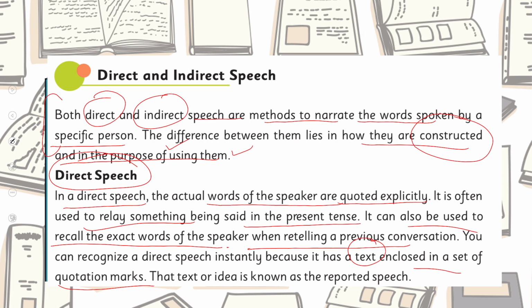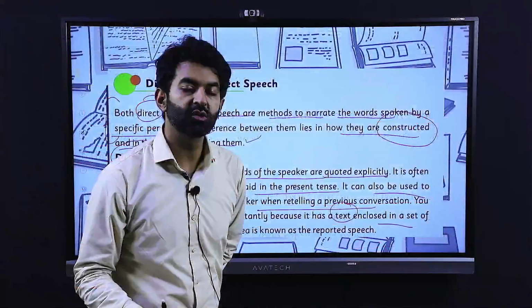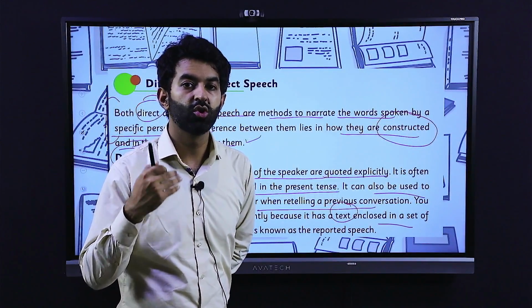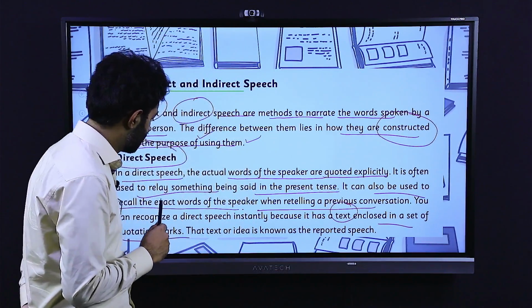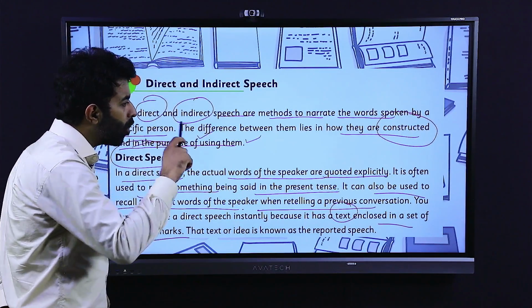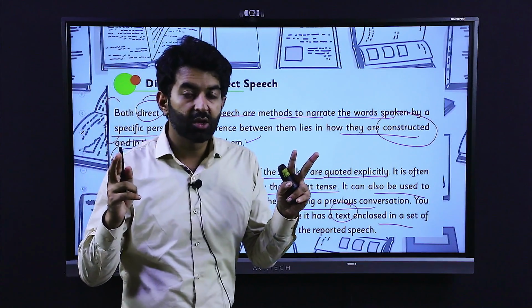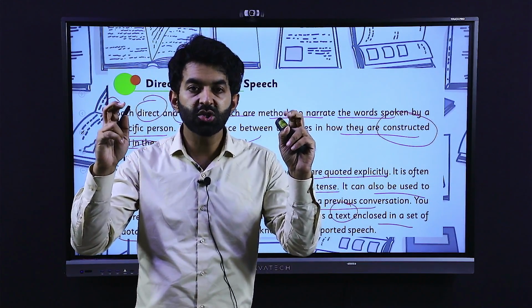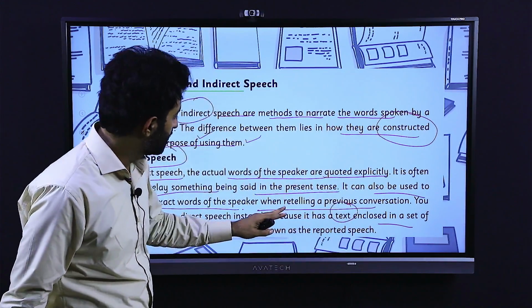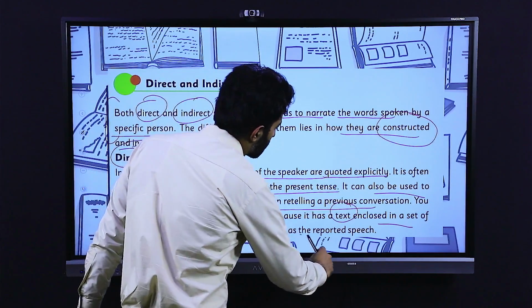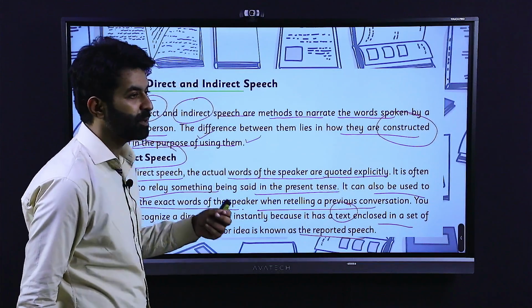And when we have sentences with quotation marks, we know that this is a direct speech because the purpose of using quotation marks is to tell the exact words of the speaker or your words as well if you are narrating any experience or event. Now, that whole text which is enclosed in quotation marks, that would be called your reported speech, because you are reporting the speech as it is.